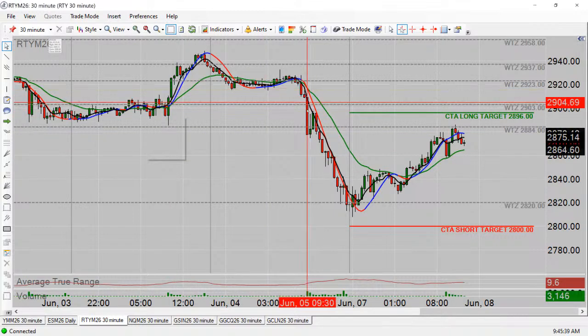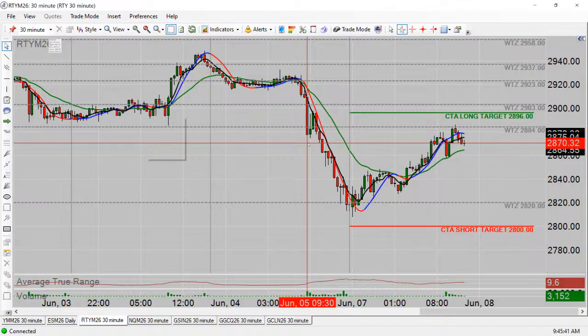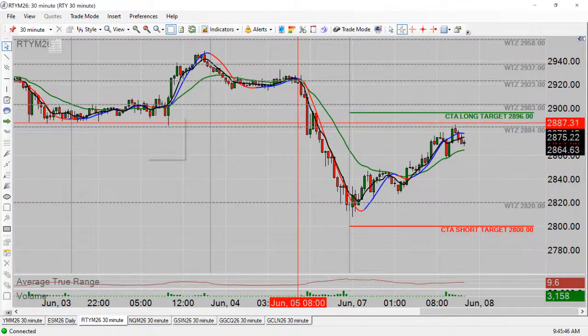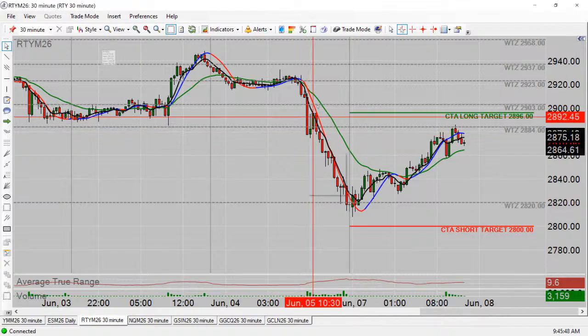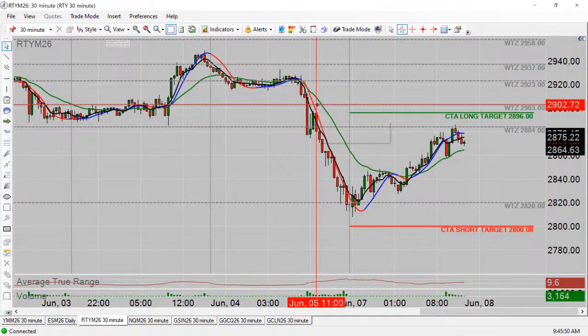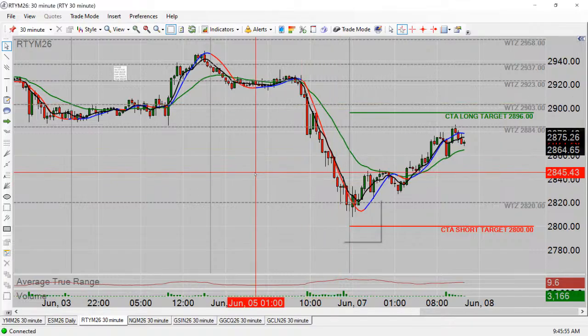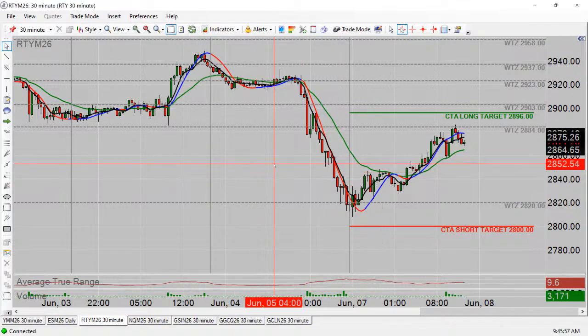That's what a 30-minute candle slices through a zone like it's not even there. Now, typically when that happens and the move runs out of steam, price will retrace to the zone it sliced through and continue in the direction of the slice. But there was so much selling pressure on Friday, it didn't have a chance.